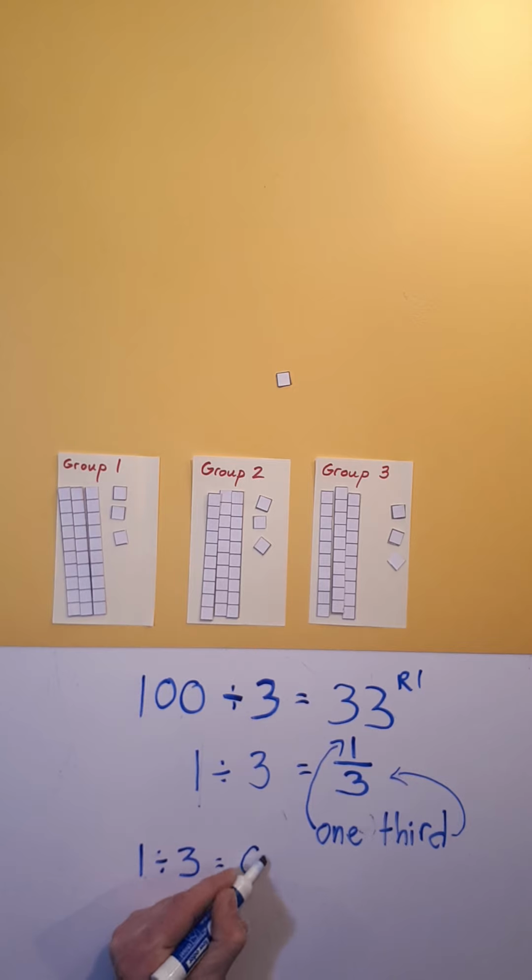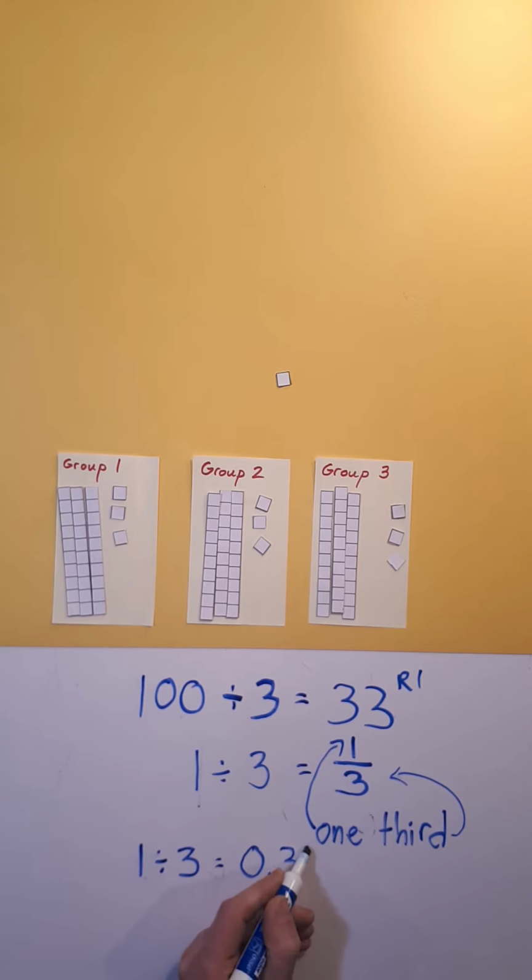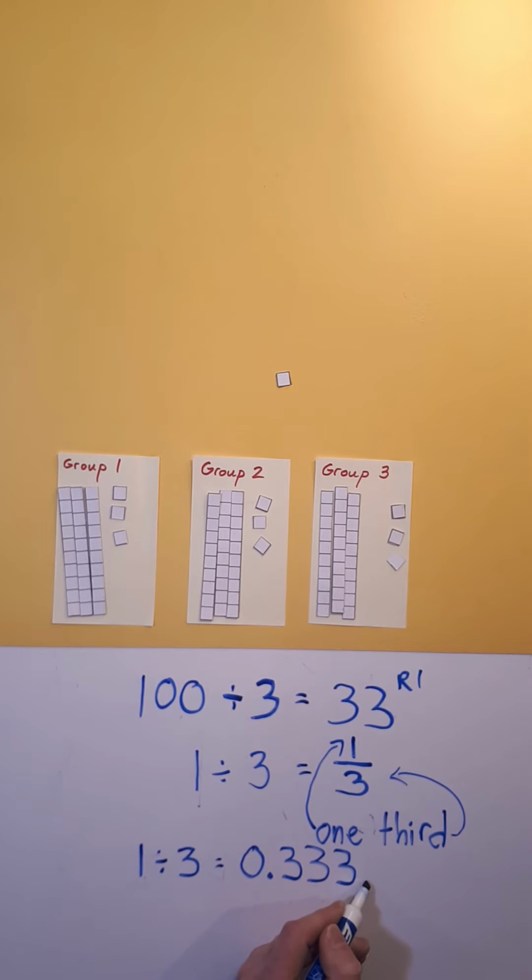So we end up with 0.333, and then we can actually put 3 dots. That's called an ellipsis. But what that means is that these 3 numbers just keep repeating. So we've got 0.3333333 all the way till the end of time.